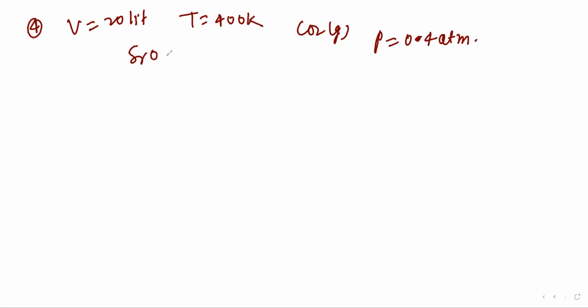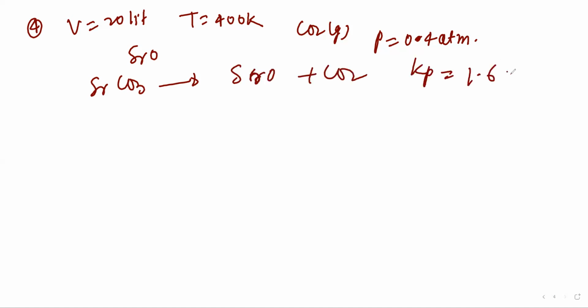The volume of the container is now decreased by moving the movable piston. Find the maximum volume of the container when the pressure of CO2 attains its maximum. When strontium carbonate dissociates, it forms strontium oxide and CO2. Kp for this reaction is given as 1.6 atm.